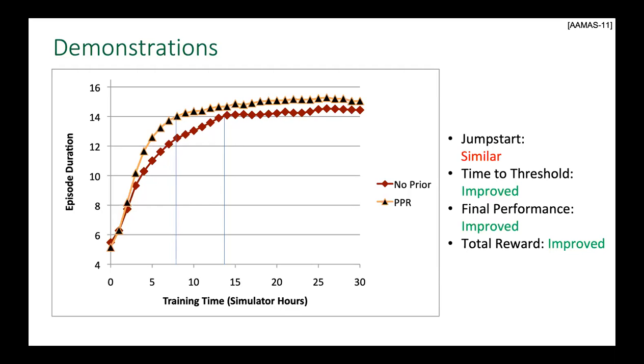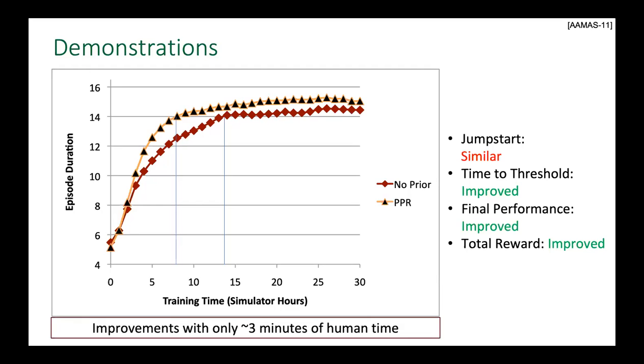So if I said, I really want my agents to train until they get to a performance of 14, well, if I train from scratch, it takes around 14 hours. If I train using human demonstrations, it takes about 8 hours. So that's pretty cool. 14 hours to 8 hours. That's a pretty significant savings. And we get this savings with only using 3 minutes of human demonstration.